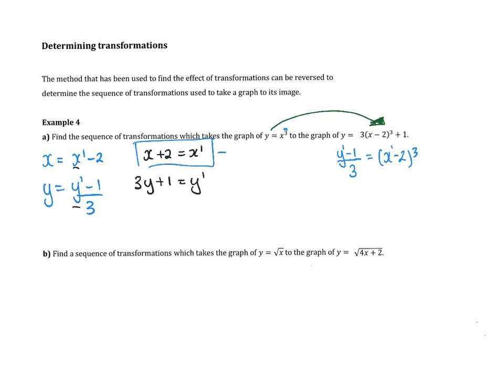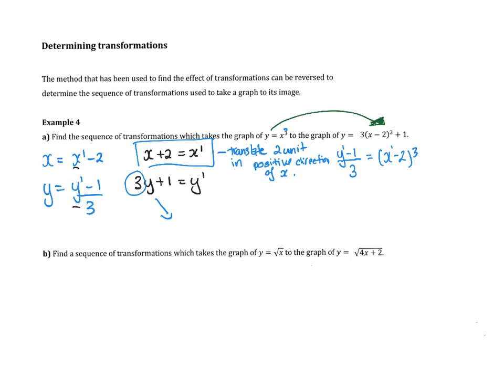So now what you need to do is tell me, what did we do here? We have, haven't we translated the graph? Translated 2 units in the positive, yeah, direction of x. Is that what that says? Yes. Yeah? And what about this guy? What's the first thing we did?